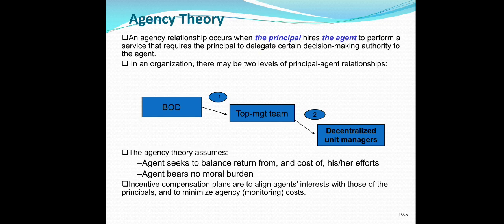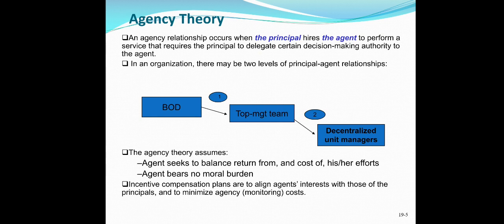So the first principal-agent relationship that you can see in a company is between the board of directors, who are the owner of the business, and the top management, the CEO and his team, who are the managers.